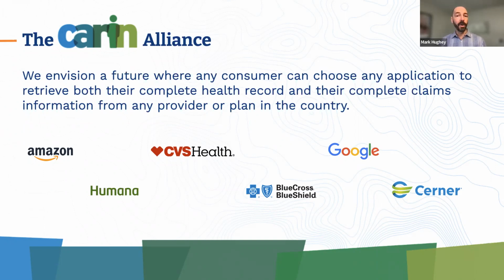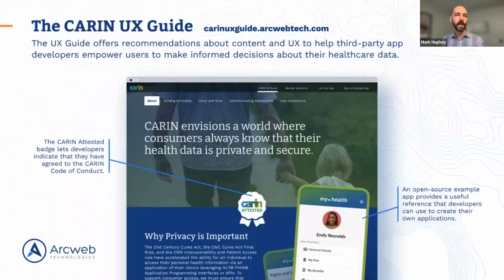So CARIN has worked to establish a trust framework and code of conduct, open source frameworks for digital identity management, and among other things, implementation guides that Arcweb has led the development of. The first product we developed was the CARIN UX guide.